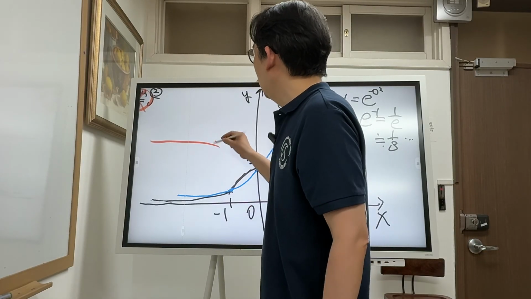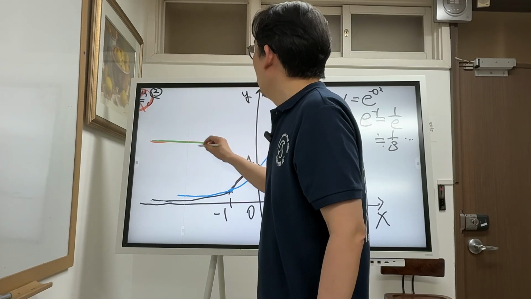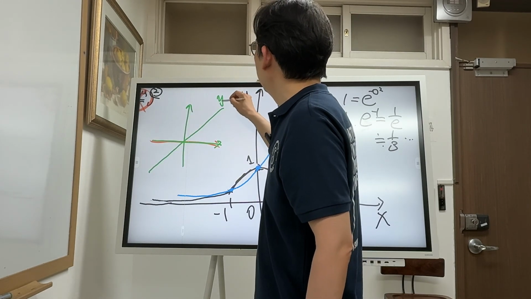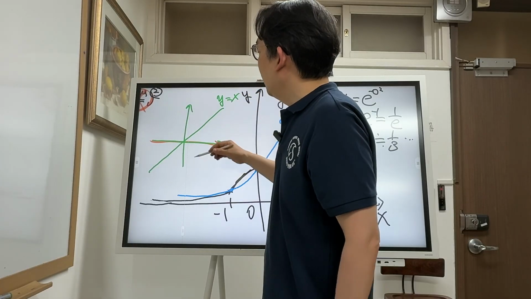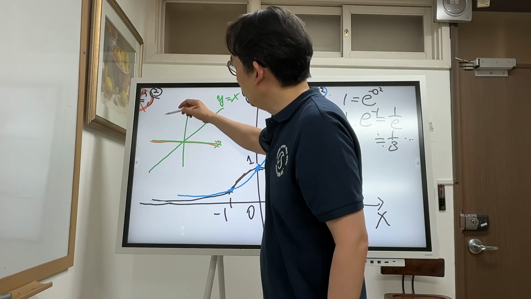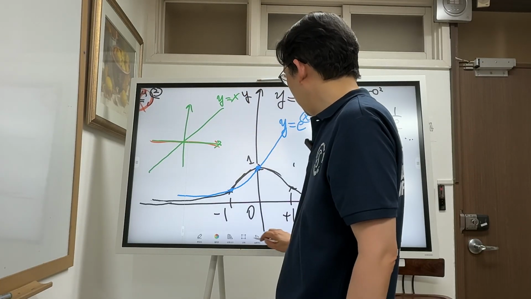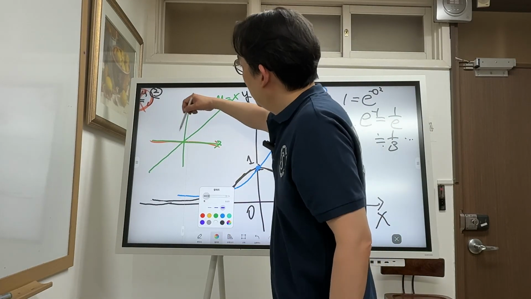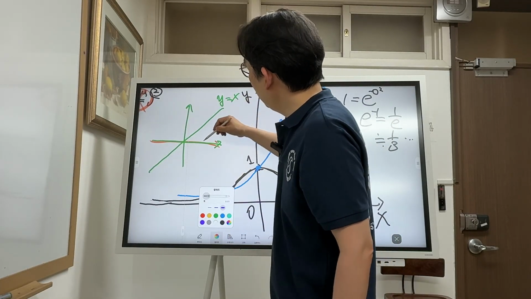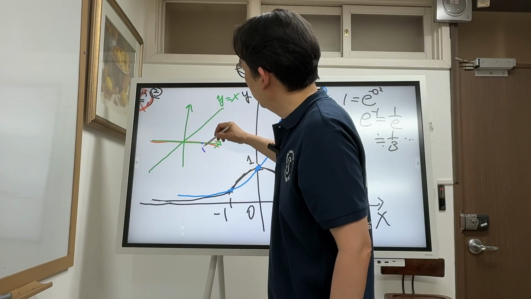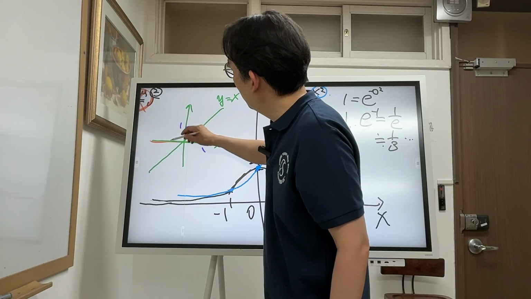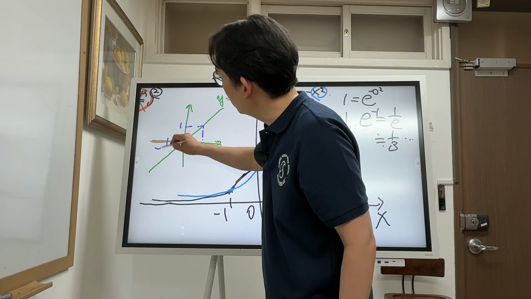So if I draw a line and a parabola, here is y equals x, the line, and then the parabola will look like this, passing through 1 and minus 1.